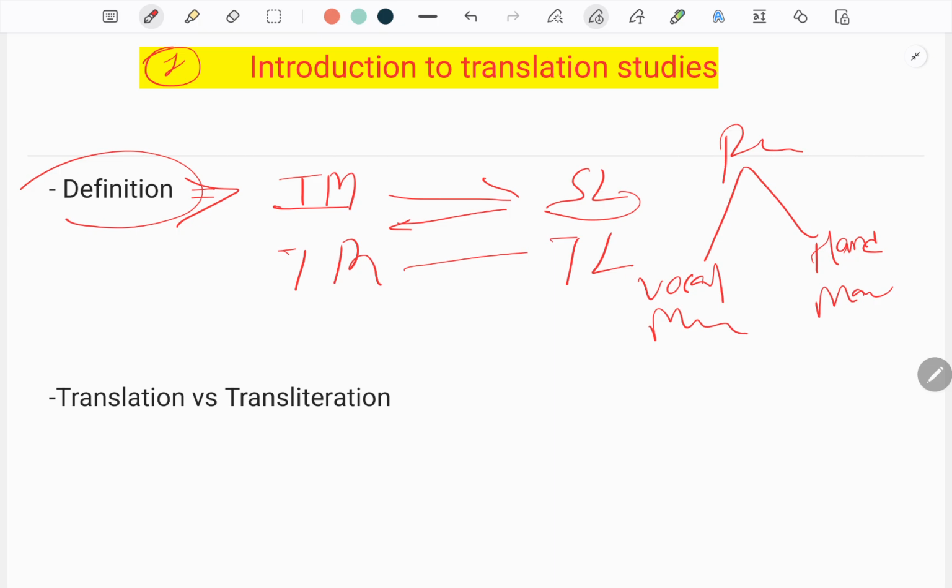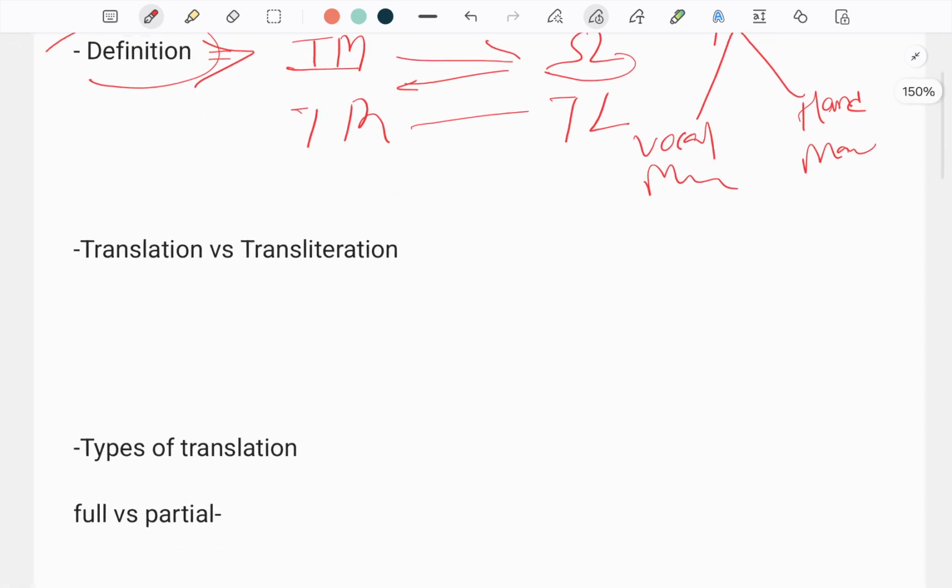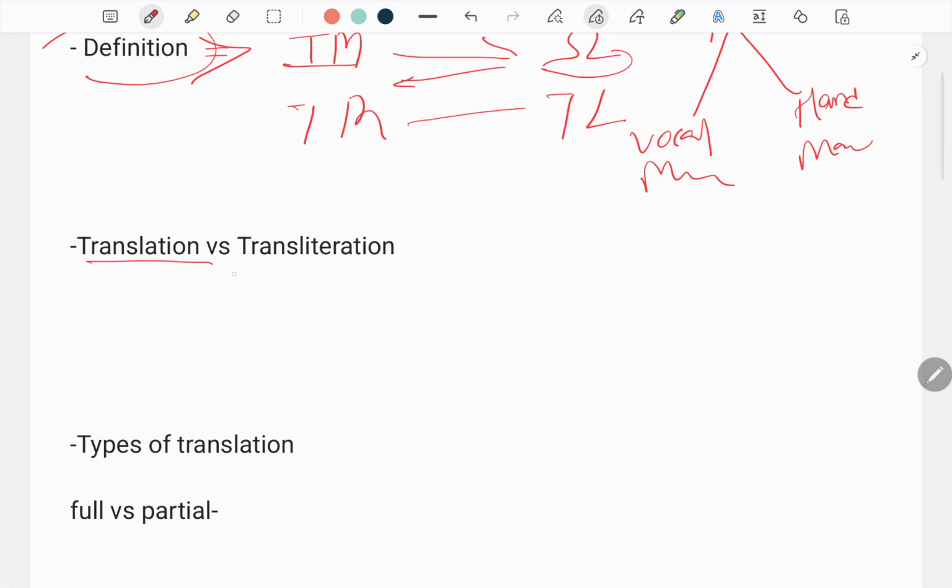Sometimes we get confused about translation versus transliteration. If someone asks the difference between translation and transliteration, we get confused and say both are the same thing. But there are a lot of differences between them.